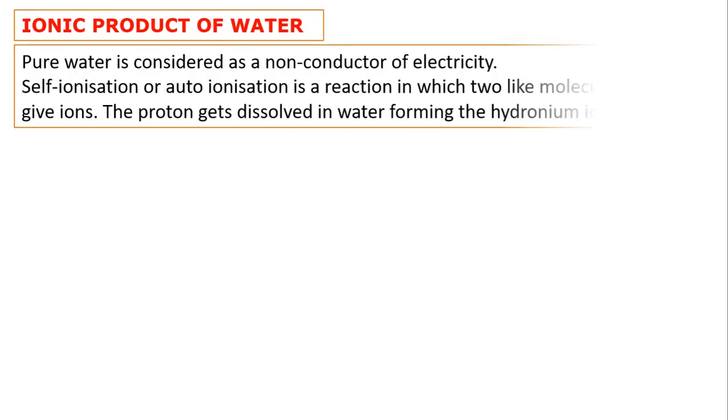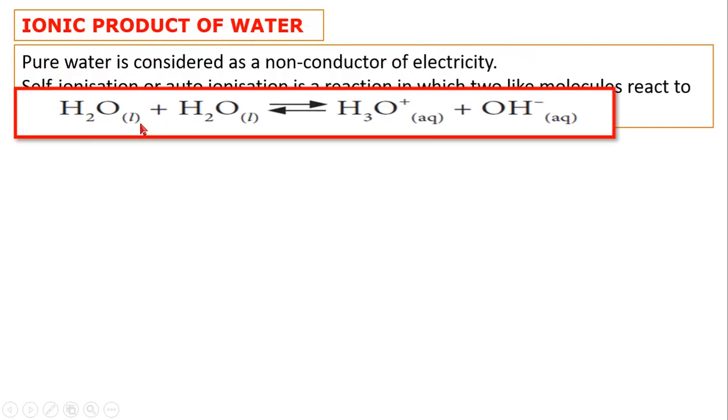Now, the next topic is the ionic product of water. Pure water is considered a non-conductor of electricity. But if you pass electricity through water, it splits into ions. H2O splits into H+ and OH- ions.